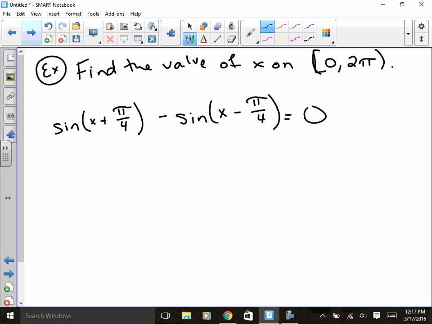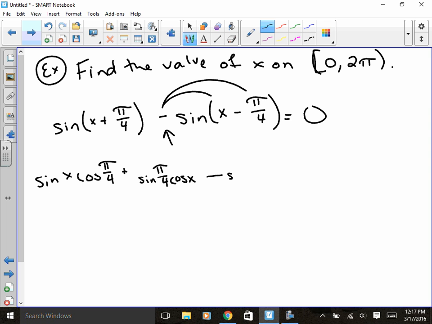So the thing here, this can get kind of tricky with that minus, so I'm just going to give you a caution. Remember that negative gets distributed when we simplify this. So I'm going to go ahead and use my sum and differences identities with the sine. So I've got sine x cosine pi over 4 plus sine pi over 4 cosine x minus sine x cosine pi over 4.